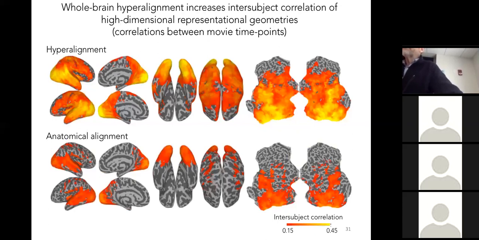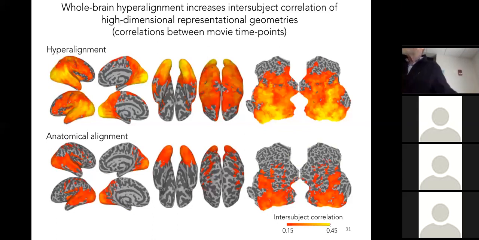And this is a surprising result for some, because some people think that if you're looking at a patch of cortex, then it's not so sensitive to misalignment of anatomy. So it should be that the representational geometry is about the same for a searchlight and the searchlight next to it, and so on.